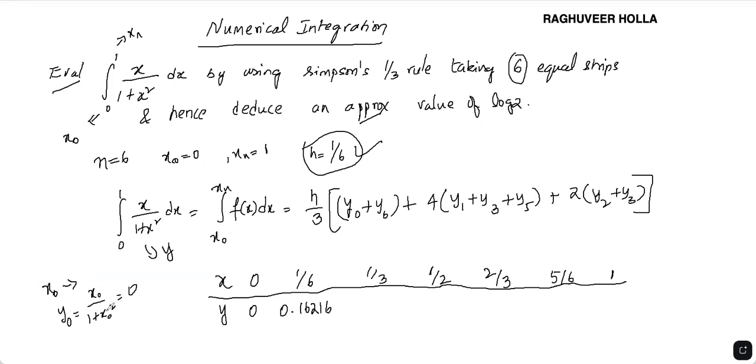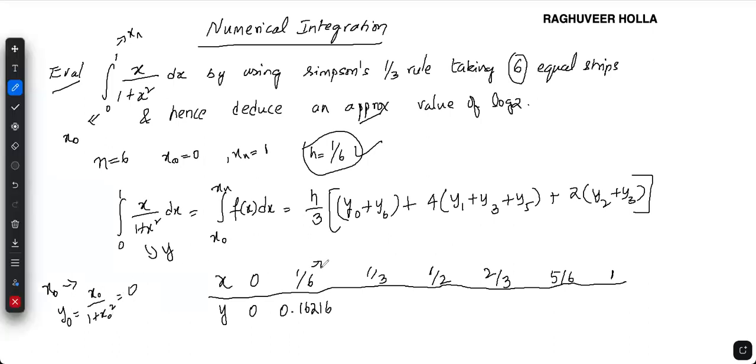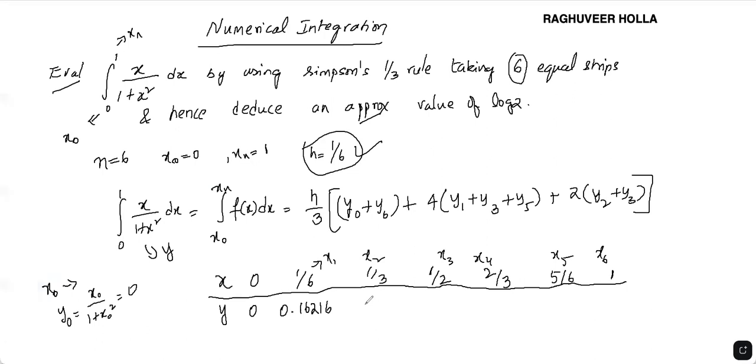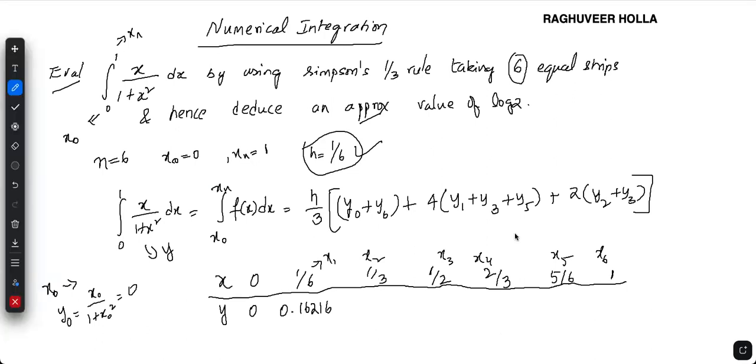Likewise, you substitute x1, x2, x3, x4, x5, x6. Please calculate it. Corresponding to x1 you got y1, then y2, y3, y4, y5, and y6. Now you have to substitute this here.